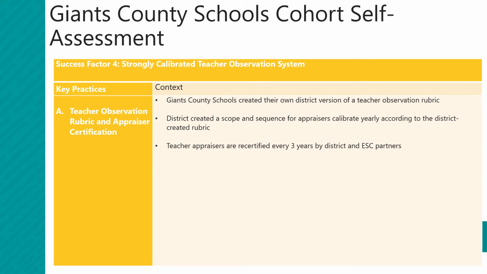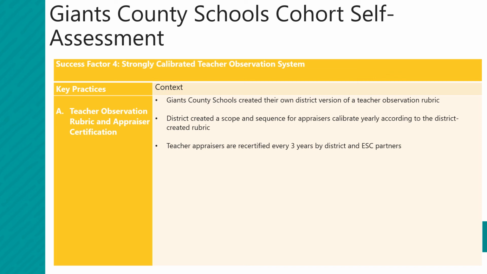Let's give an example here. So this is the context for Giants County Schools. This is a sample district, not real, by the way. The context reads that Giants County Schools created their own district version of a teacher observation rubric. So they're not using T-TESS, not using an NIET TAP or any sort of normed rubric. They created their own.